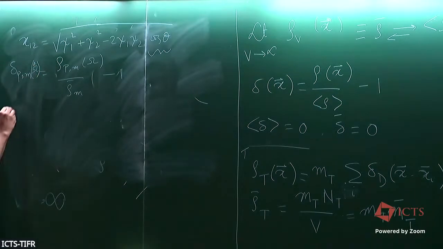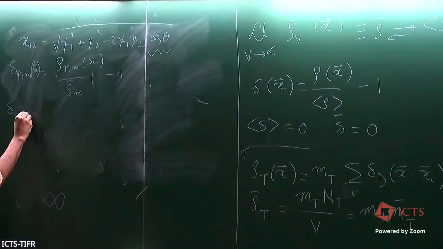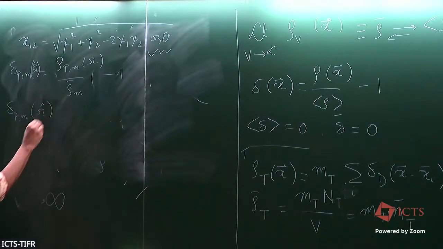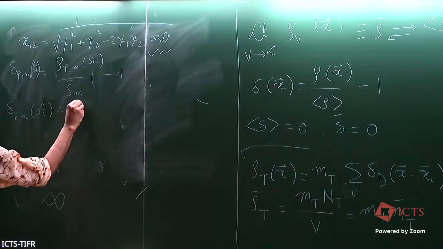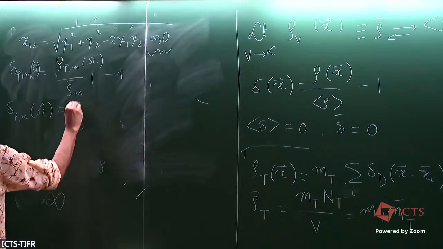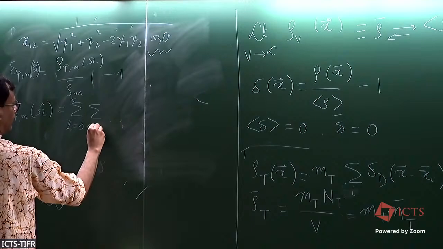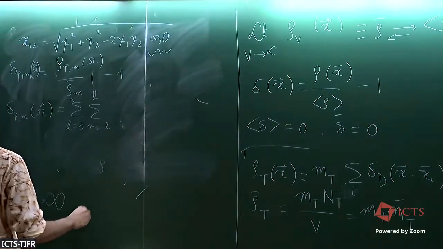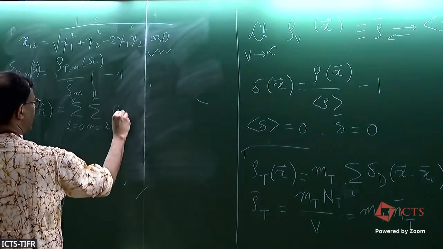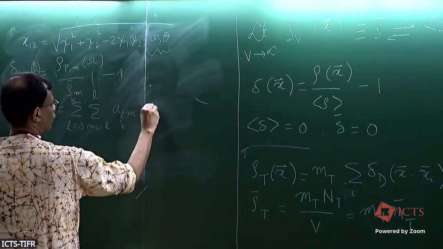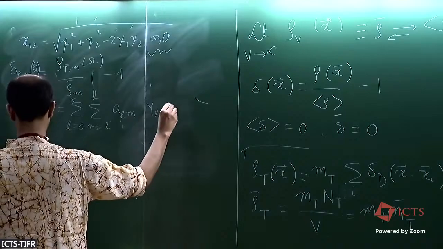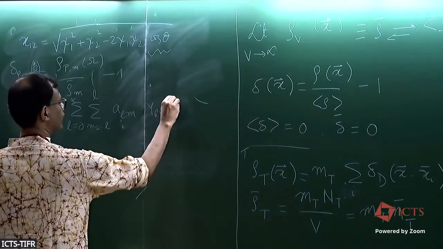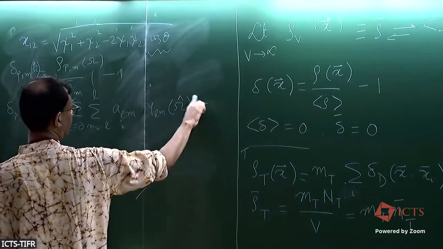Now this delta Pm, the projected density, you basically expand in terms of spherical harmonics. So it's a_lm Y_lm, which is a function of this omega, the theta phi.